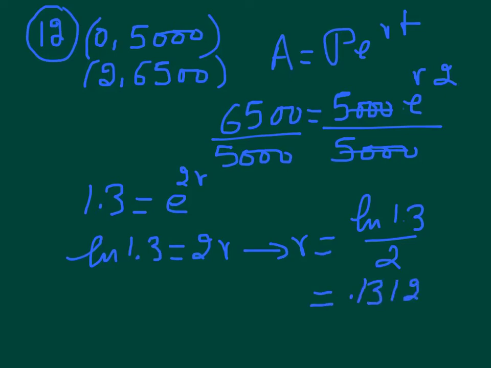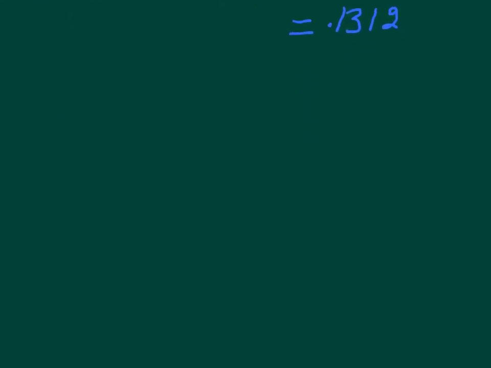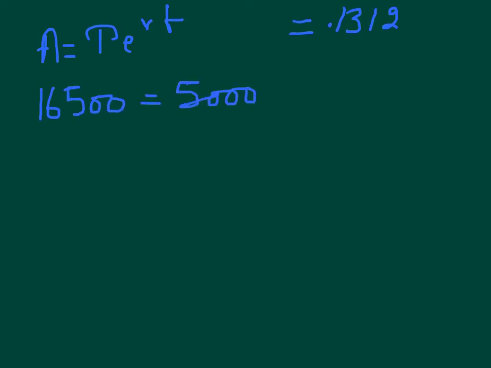Now let's go ahead and answer the question. The question is, we want to figure out when the population is going to be 16,500. So I'm going to start with the same formula, which is Pe^(rt). And now if I wanted 16,500, and this is 5,000 e to the, negative, I'm sorry, it's positive 0.1312 times t.